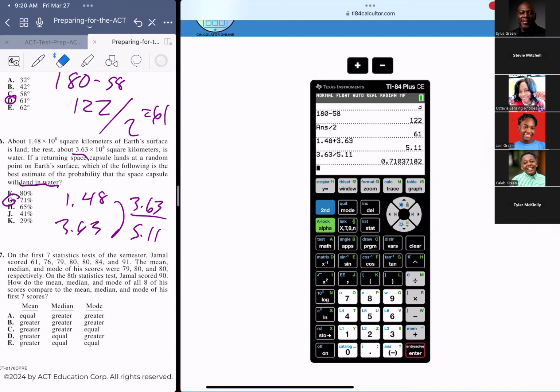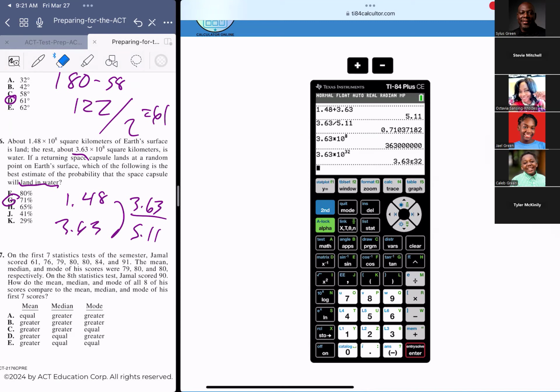The reason I didn't include 10 to the 8th is because, let me see if I can show you an example. Oh, it actually doesn't do it. You can include it if you want, but sometimes if the power is too big, the calculator would just give you this.